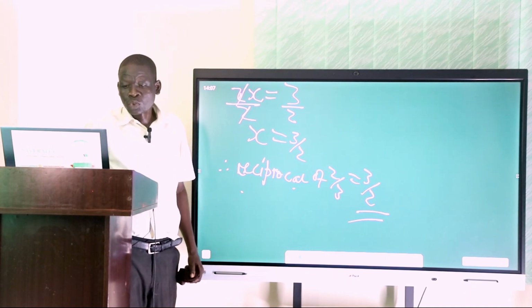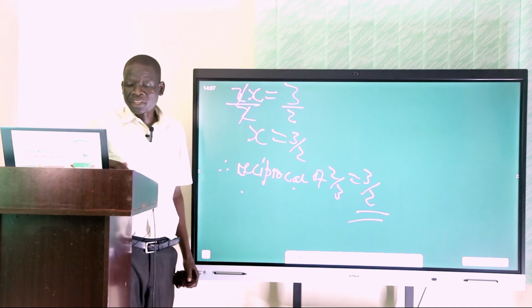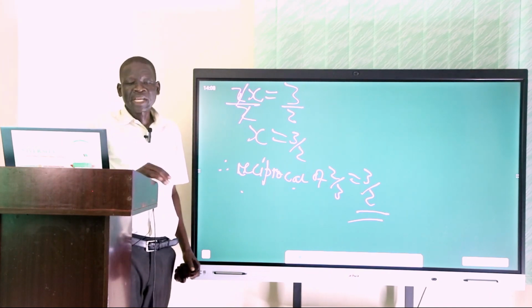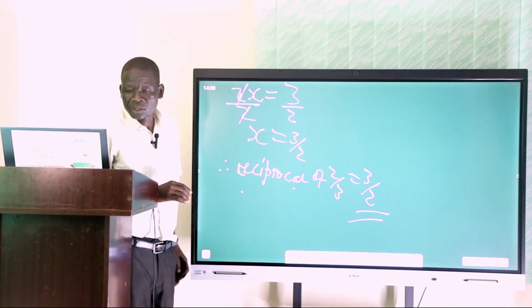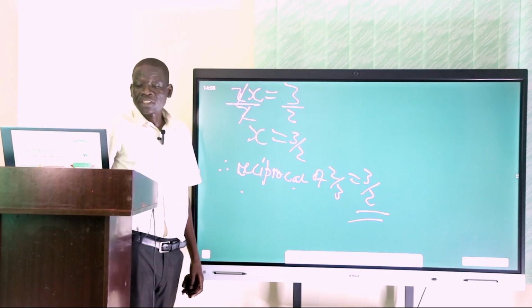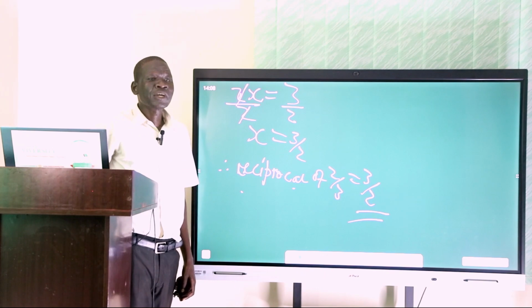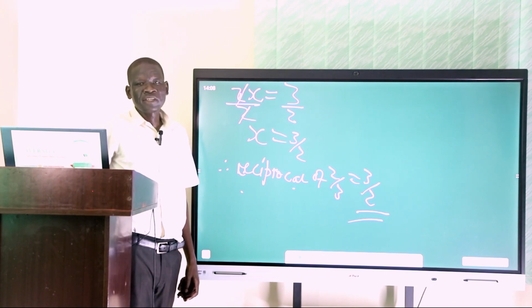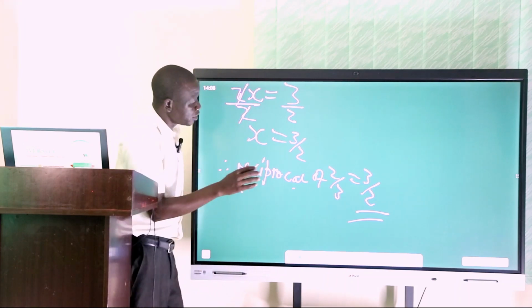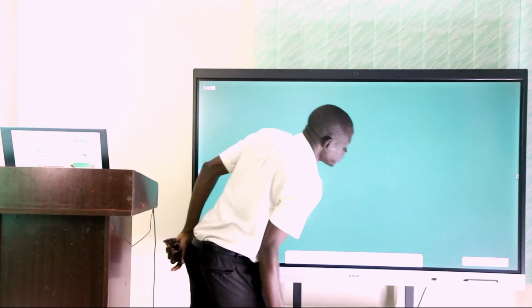Alright. So, you find that the reciprocal of numbers helps us in dividing the fractions. So, for that reason, we can now look at how we can divide the fractions.